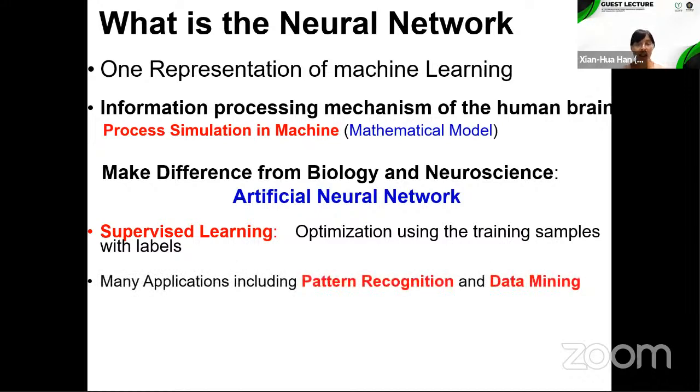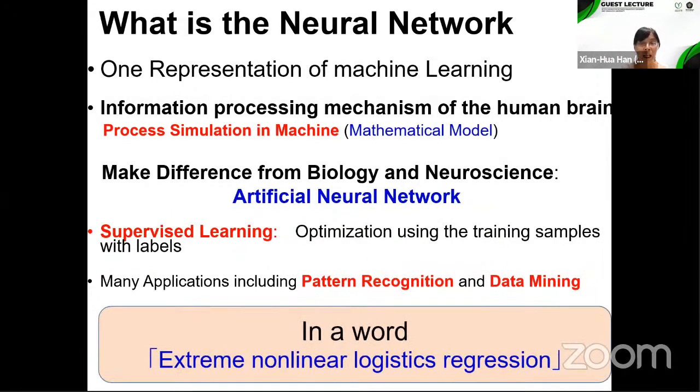There are many applications, like other machine learning methods, including pattern recognition and data mining. In one word, neural network is an extremely nonlinear logistic regression. Yesterday, I introduced the mathematical model of linear regression. So neural network is a nonlinear logistic regression model.